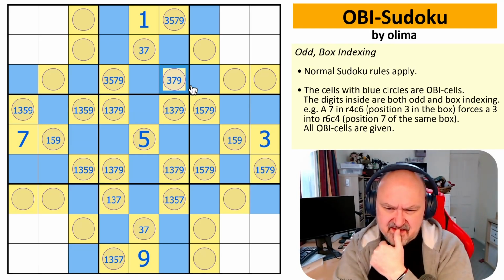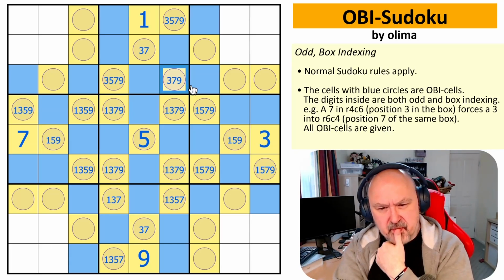So there is stuff there, but what can I do with that now? Because now I've got evens involved.